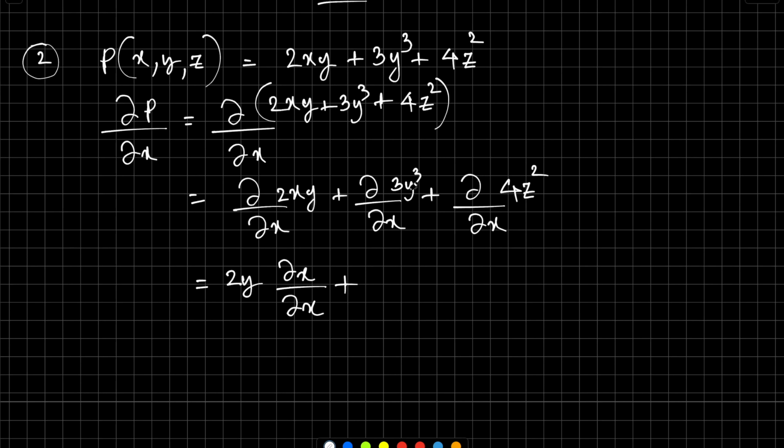So y is a constant, y cube is another constant, 3y cube is another constant. So the whole term is 0. Plus again the same. We are differentiating with respect to x. z is a constant then. So this term will be 0. So dou x by dou x is 1. So the answer is 2y.